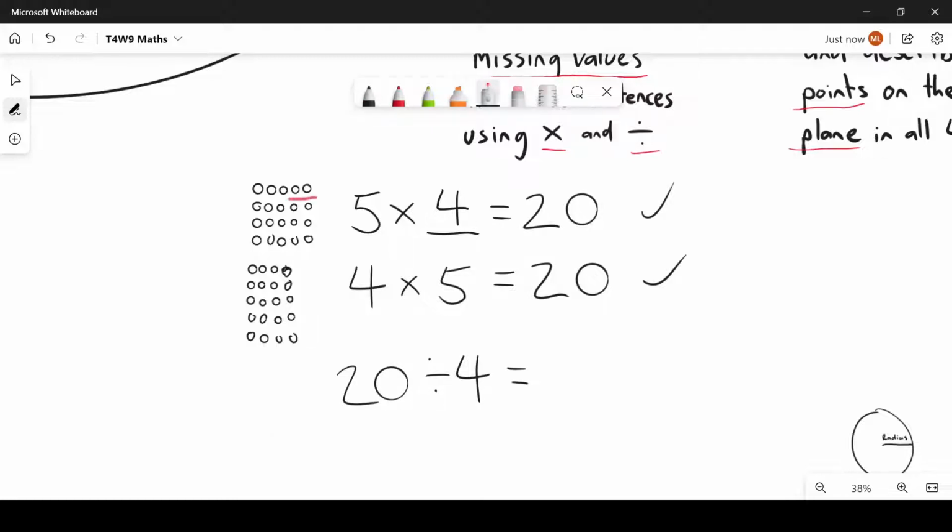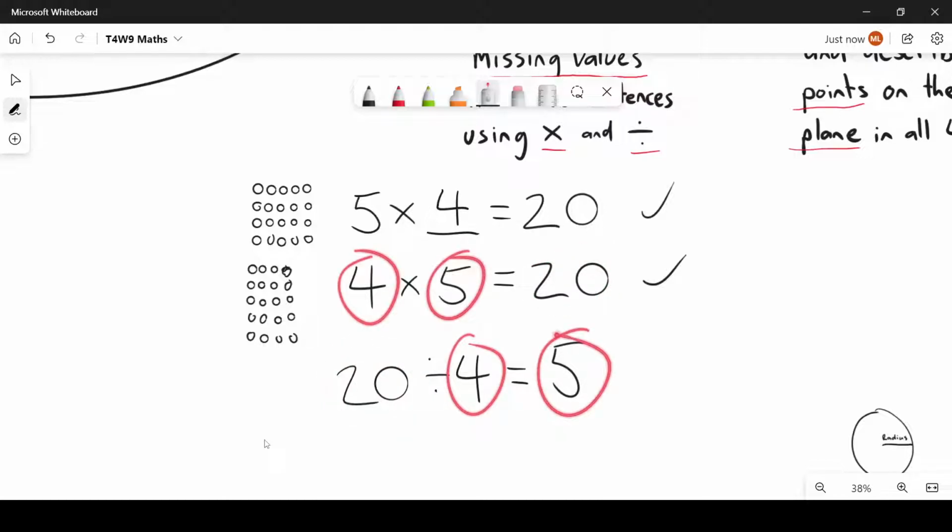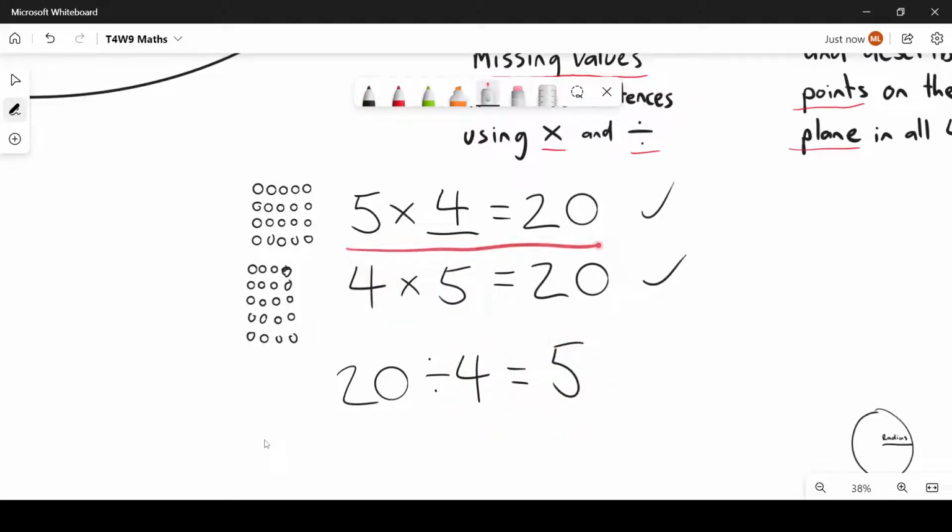Well, if I cut this into 4 along like that, each one's got 1, 2, 3, 4, 5. So you'll probably notice 20 here, 20 here. There was a 4 here, 4 there, 5 there, 5 there.